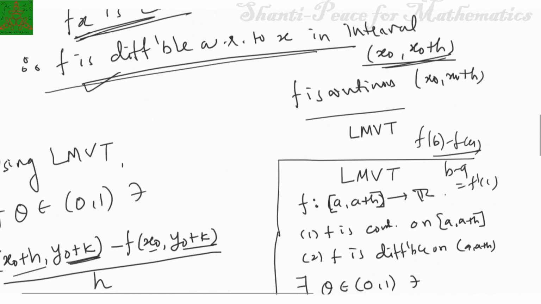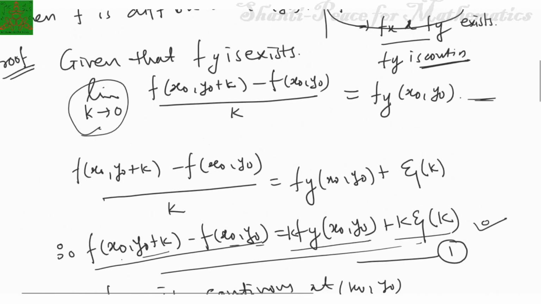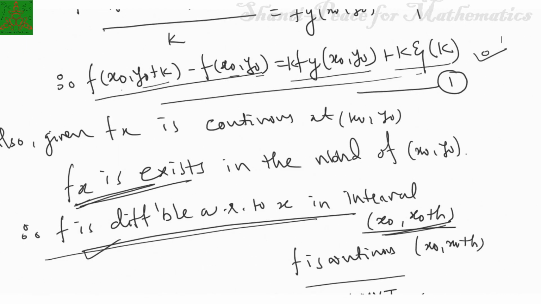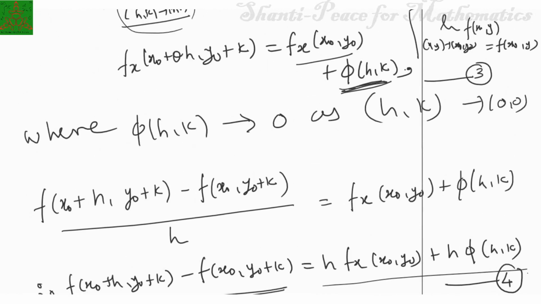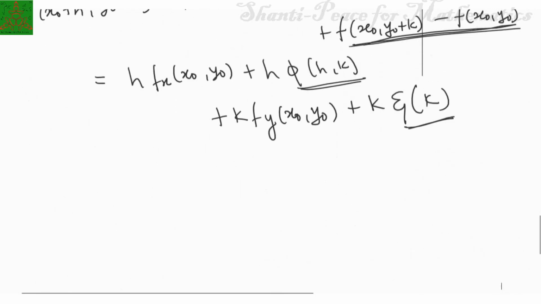That's in equation 1. So this xi is an error term that tends to 0, and this phi also tends to 0, as it is also an error term.